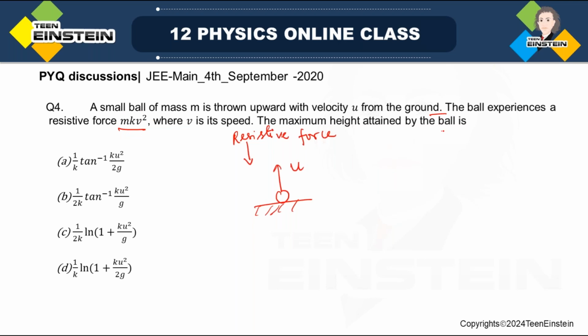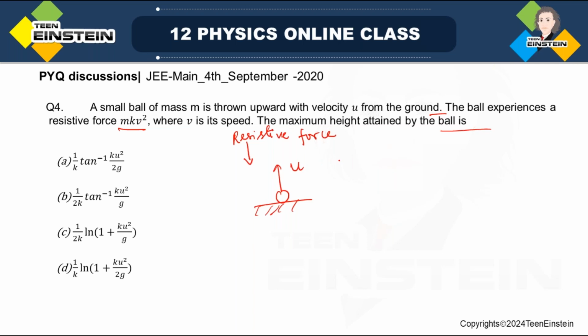The maximum height attained by the ball is how much? That you have to find out. See, you have to find out the maximum height attained by the ball. So how do you get that? To get that, first of all, we have to write down. See, you have been given certain velocity, right? And see there are two forces acting on this.